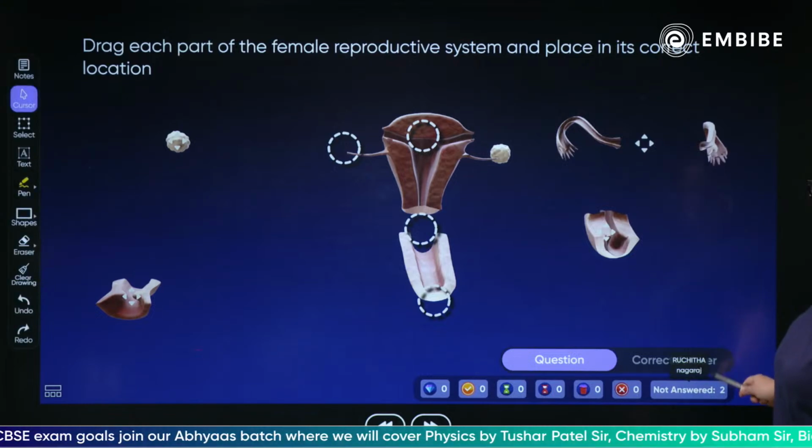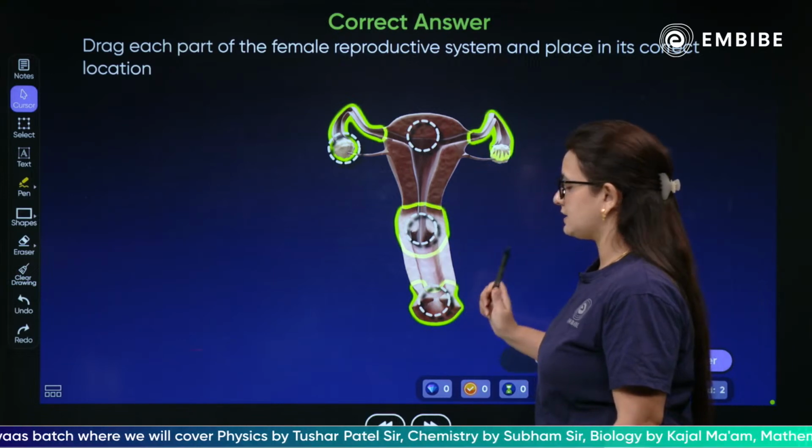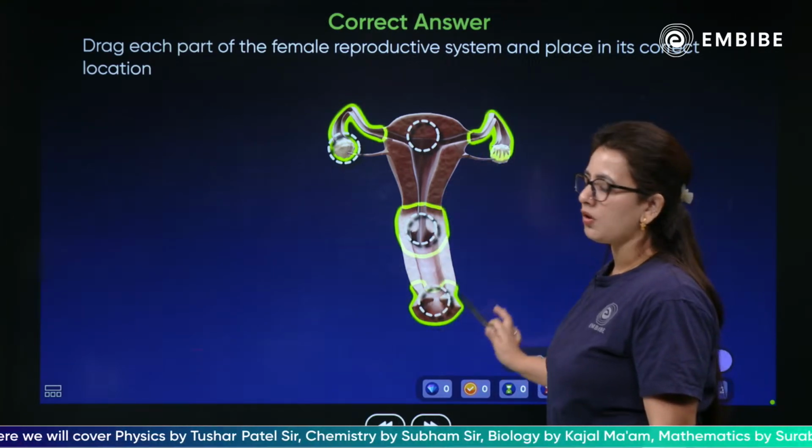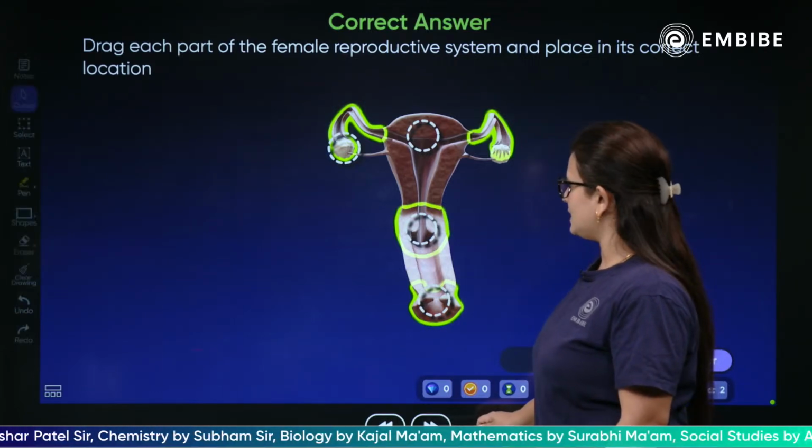The correct answer would be: the pair of ovaries, then the uterus, then the cervix, and then the vagina. This is how the whole female reproductive system is arranged.